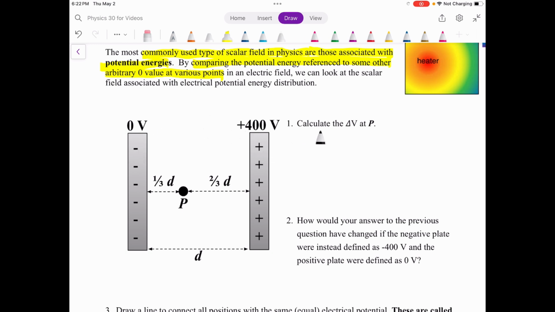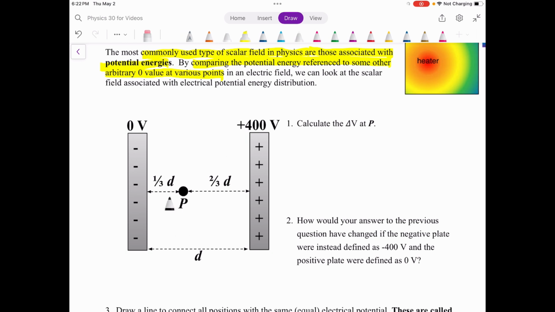Okay, now it wants us to calculate the potential difference, the voltage, at the point P. Well, notice we know that the entire voltage, the change in energy per coulomb of charge to go from here to here is 400. So what would it be to go 1/3 of the way to the other plate? Well, it's going to be 1/3 of 400, right?